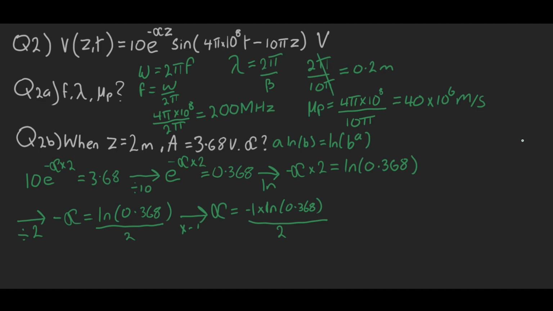So if you apply that rule here, what we get is the inverse of 0.368. Let's write that here. 1 over 0.368 divided by 2 will give us our answer. And that will be an answer of approximately 0.499 nepers per meter. And that is question 2 all solved.